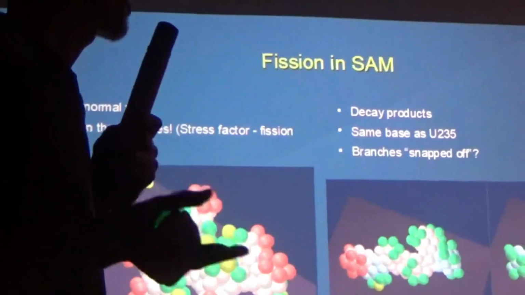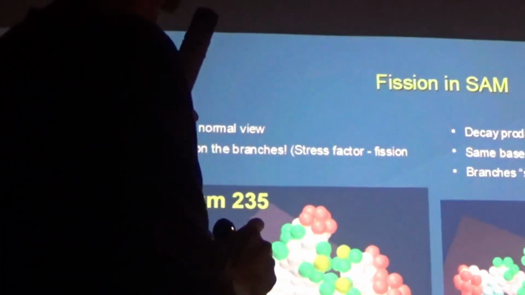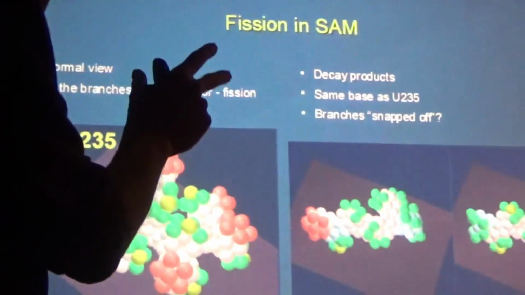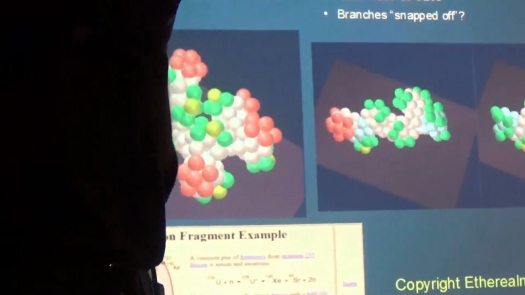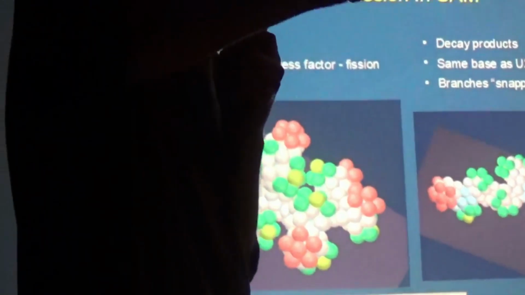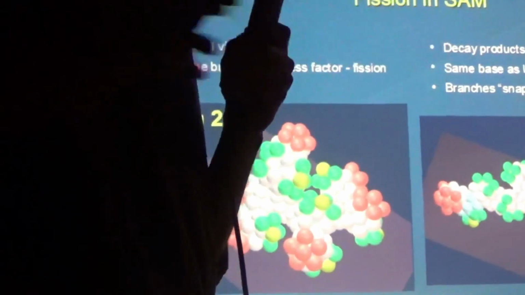We have shown this slide before, a little bit changed. We see uranium on the left, 235, and we see the two fission products that come of it. Now this is merely an example. There are many, many combinations, and pretty much statistical spreading.